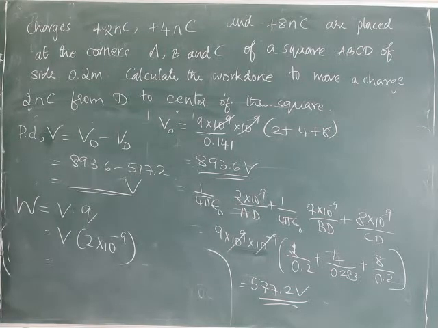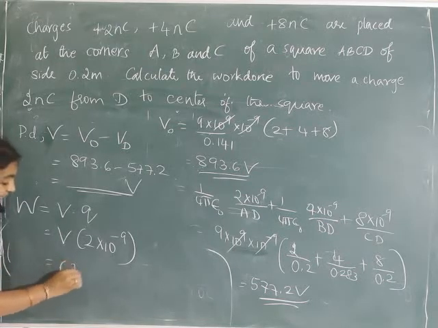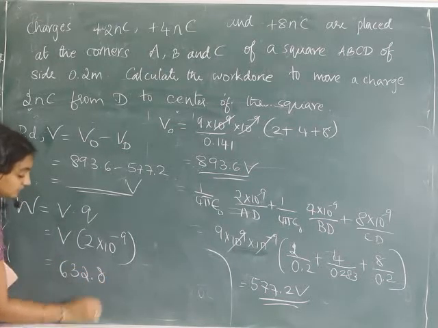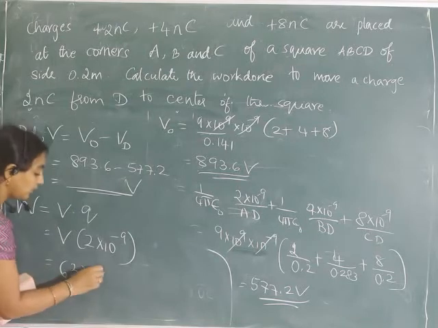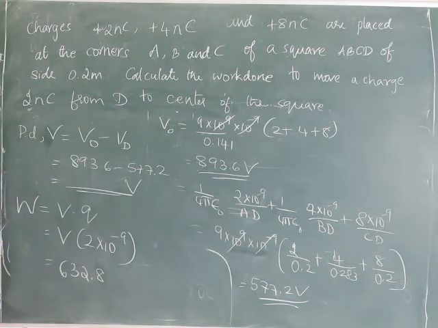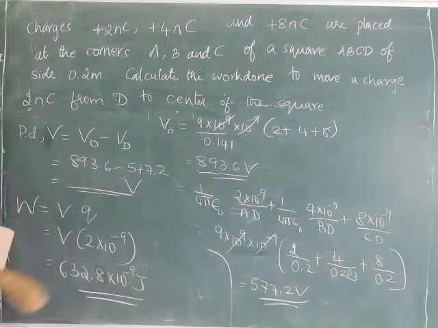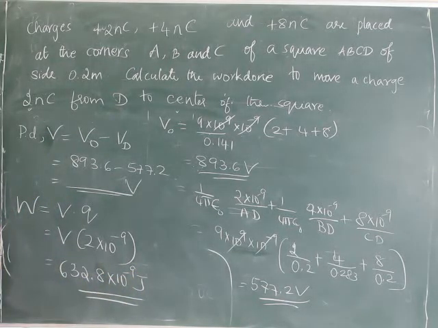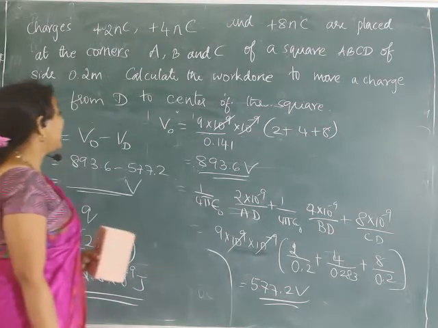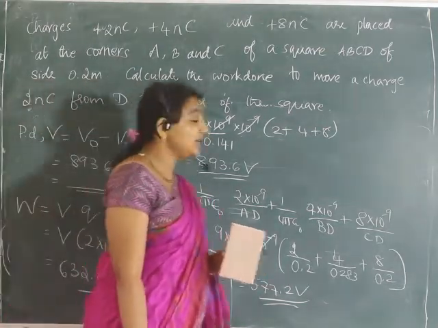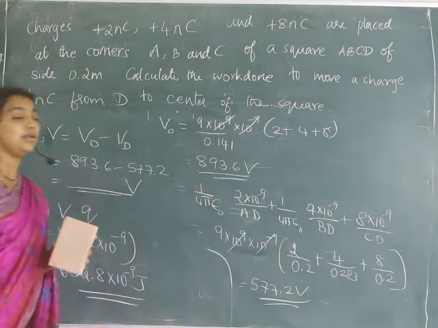The work done is, I'll write the final answer, that is 632.8 into 10 to the power minus 9 joules of work has to be done to move a charge 2 nanocoulomb from D to the center of the square O.